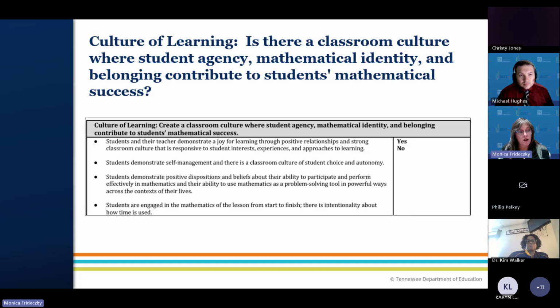contribute or are engaged in the conversations, the math dialogue, in the classroom, or if expectations are different for different students. Expectations of engagement, I want to say that first. Or if you hear, oh, this is hard, I've heard that mentioned, with a negative connotation to the difficulty of the content of the lesson.